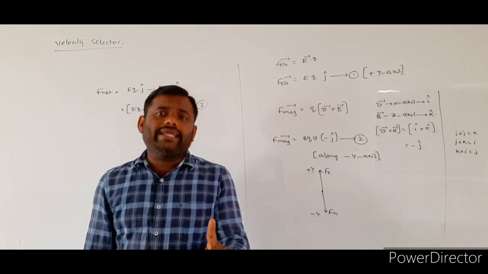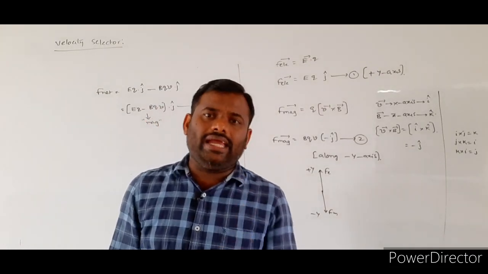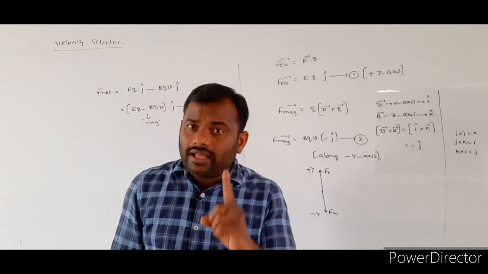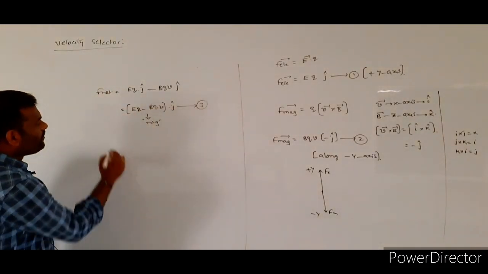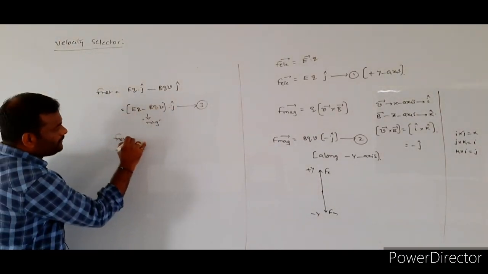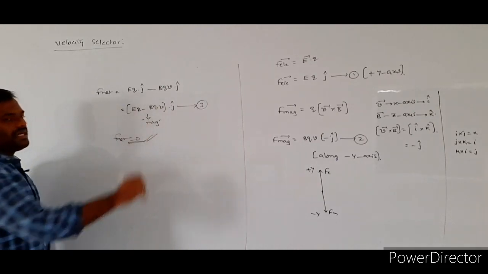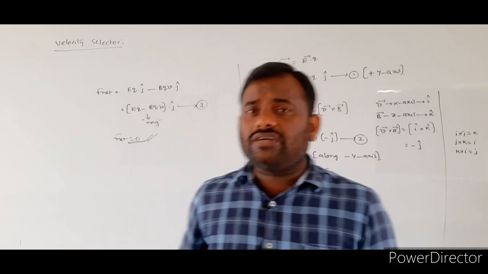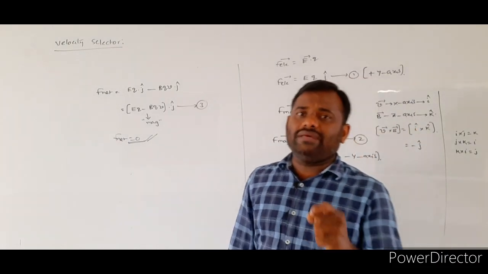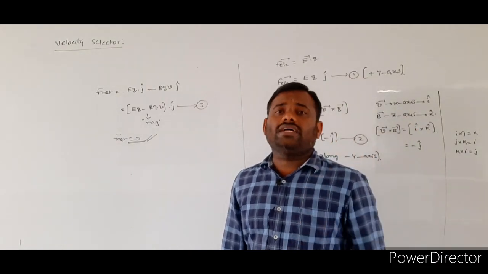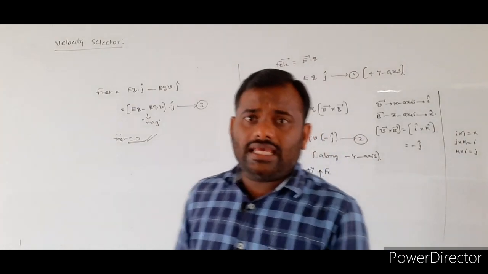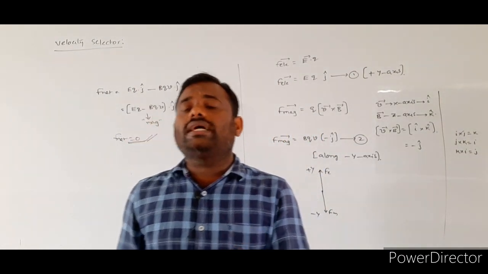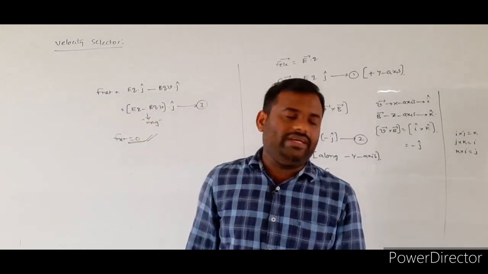If the charged particle should not be deviated, it means the net force acting on the charged particle should be equal to 0. The condition for the undeviation of the charged particle means what? The net force acting on the charged particle should be equal to 0. Then only the charged particle will not be deviated.